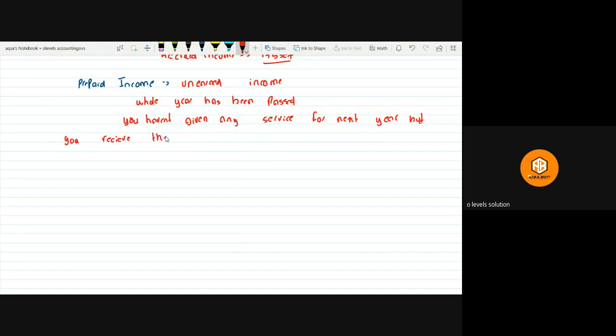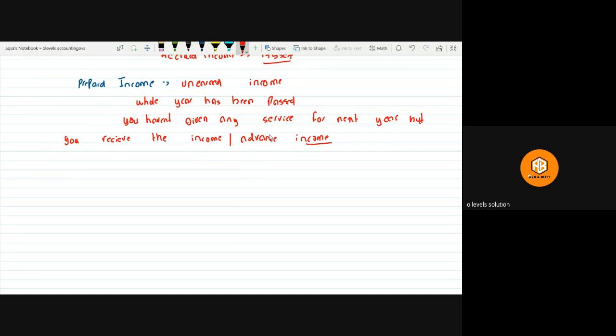Receive the income, or you can say in advance. So you have received the income from your customer on an advance basis, but you haven't given the service yet.